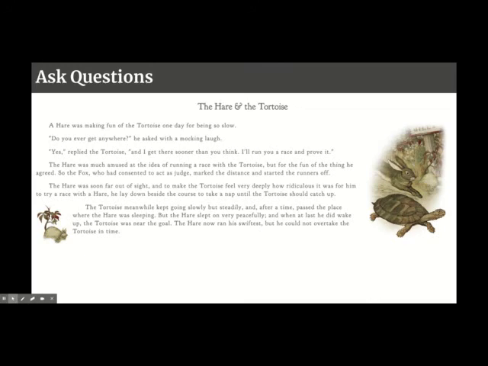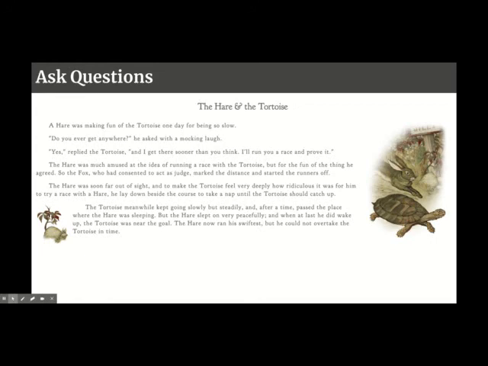This last step is asking myself questions about the feelings, behaviors, and actions of the characters. So I think that the hare probably felt very, very nervous and scared when he woke up because the tortoise was almost across the finish line.